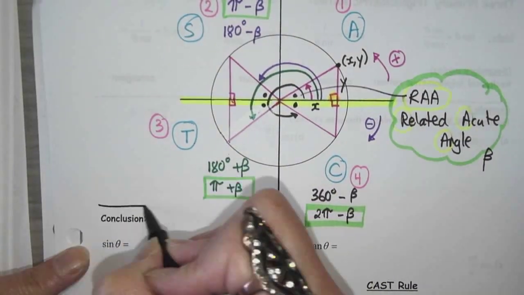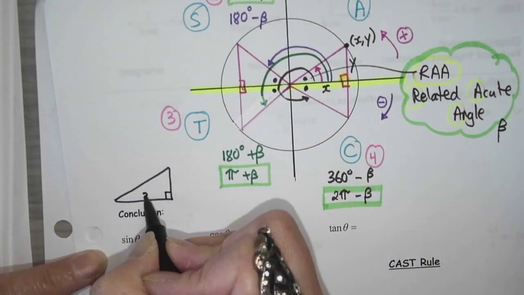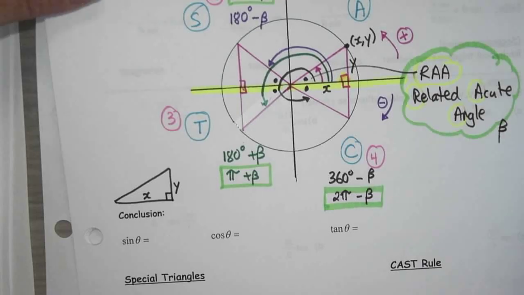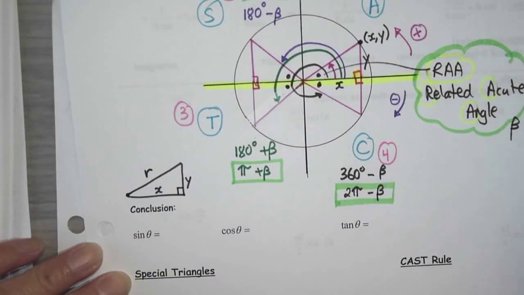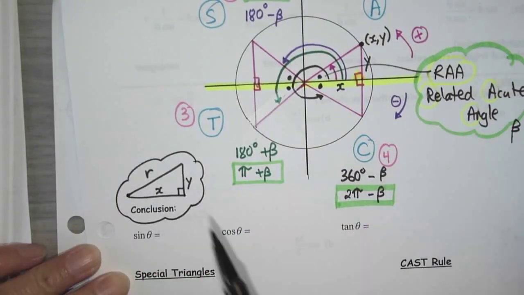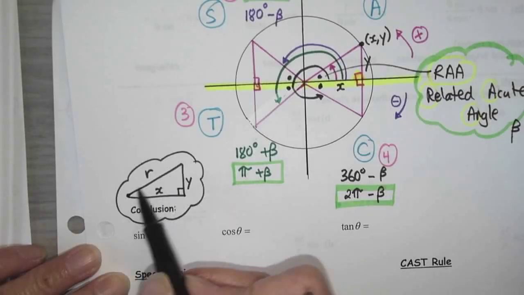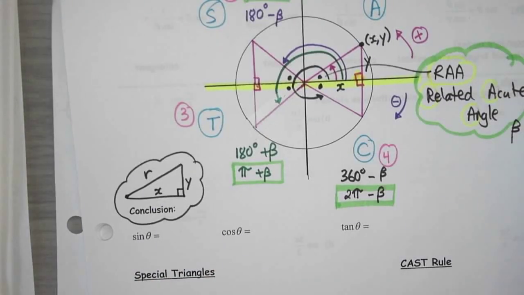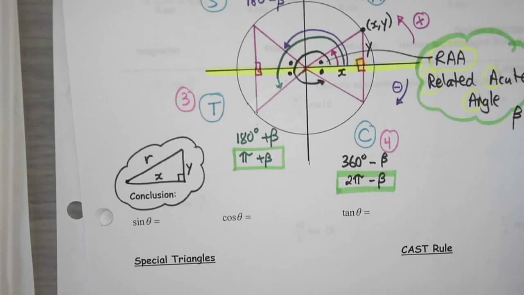So for the triangles, we know that this is x, and this is y. And I usually referred to this one here as r. The hypotenuse is r because it's from the unit circle. So if you grab it over here, from here to here, does that make sense? Right, so x was the base, y is up, and r was this way. So that was my general formula for any of the triangles: x, y, and r.